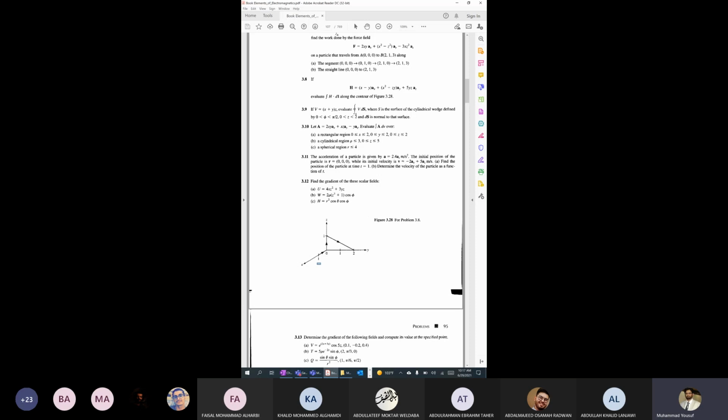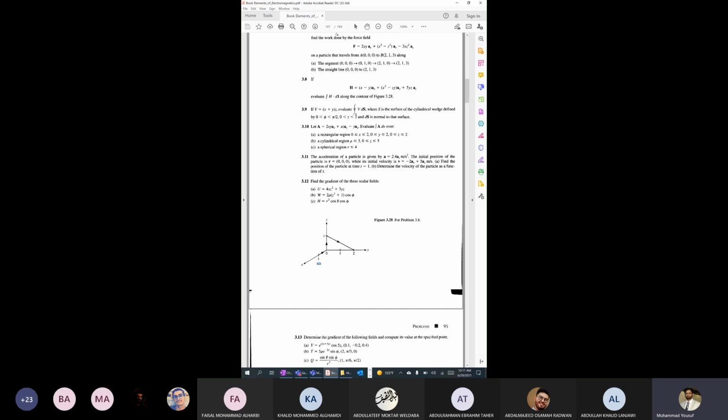How to integrate this vector over dV? We have 2xy, xz, and then a volume element dV.